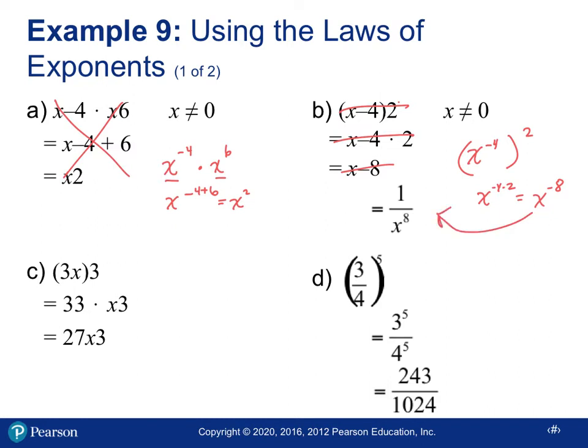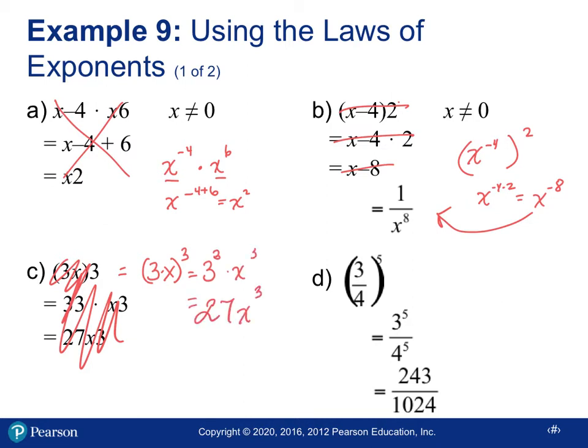Let's take a look at this one now. This would be 3x raised to the 3rd power. So you put that exponent since it's multiplication with each term. 3 to the 3rd is 27, and x to the 3rd stays. Same thing, since it's division, you can place it with each of them.